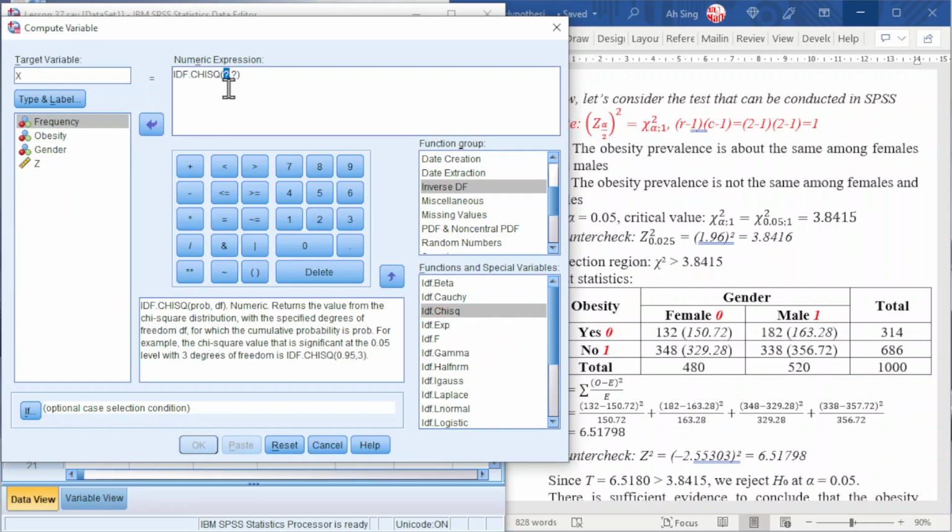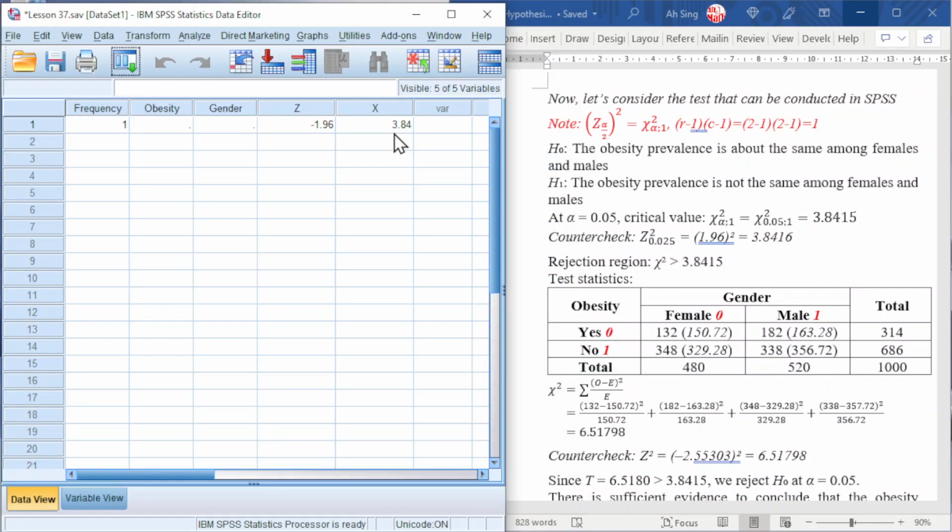The first question mark is the probability or the level of significance. However, we should always bear in mind that SPSS always takes less than cumulative. What we need here is more than cumulative, which means that we should take the complement of this value, which is 0.95, with degree of freedom equal to 1. Press OK and we should obtain the critical value that we want. From here, we can see that we have 3.8415, rounded to 4 decimal places.